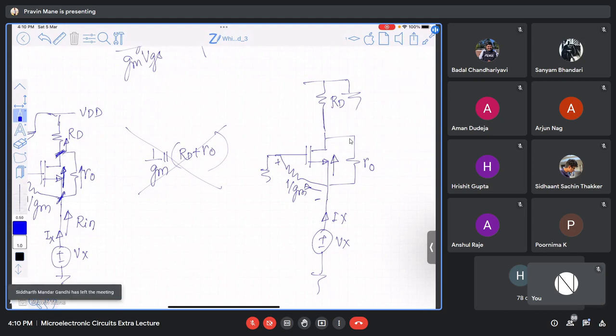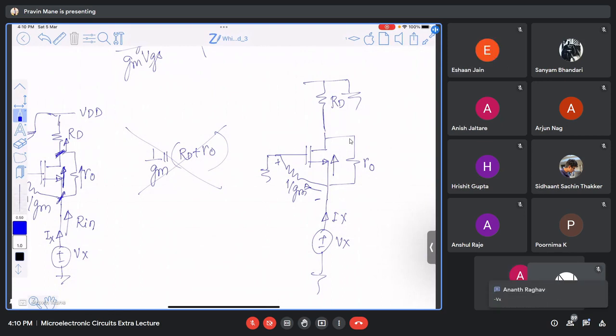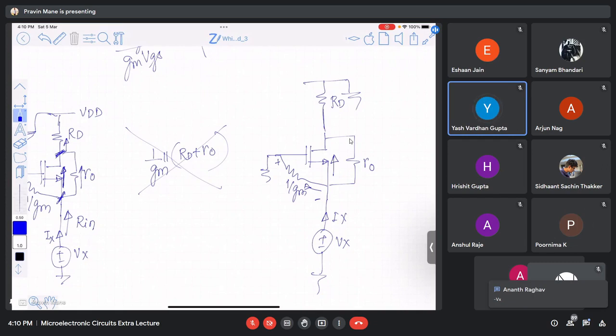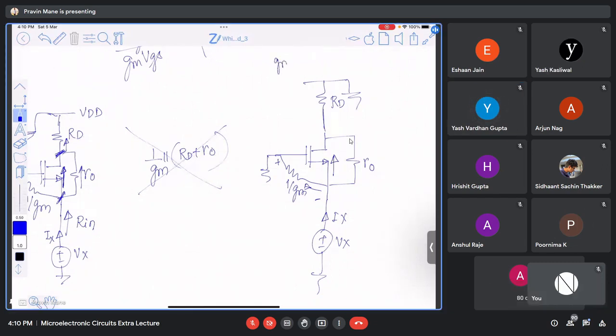What is the VGS now in this case? Vx or minus Vx? Minus Vx. So Gm into minus Vx is the current flowing through the MOSFET in this direction. How to absorb the sign?